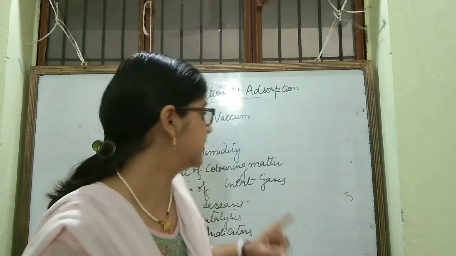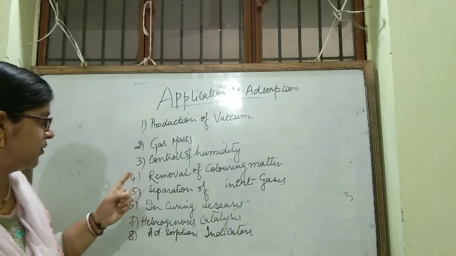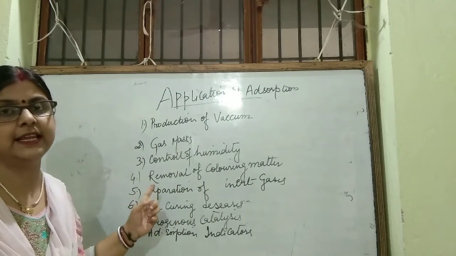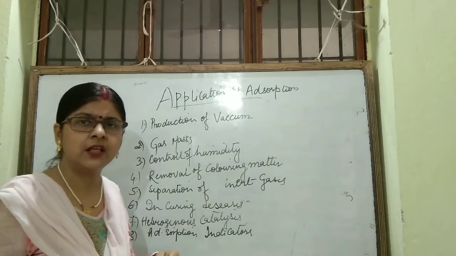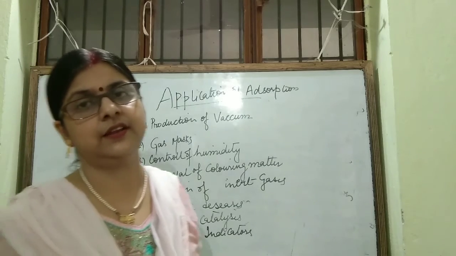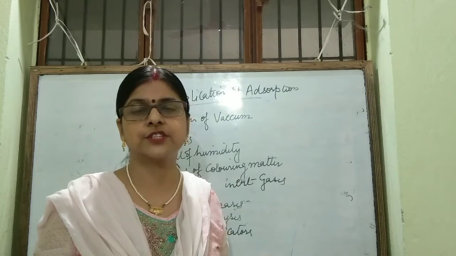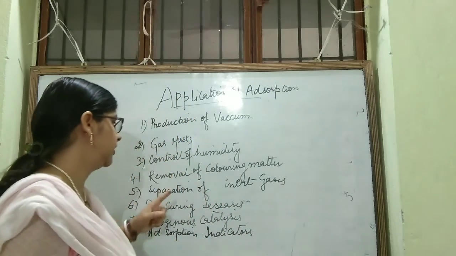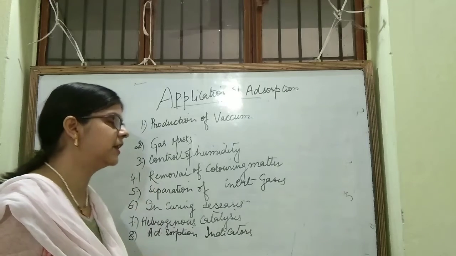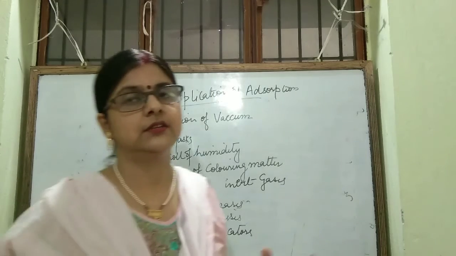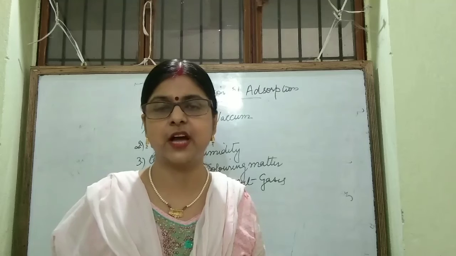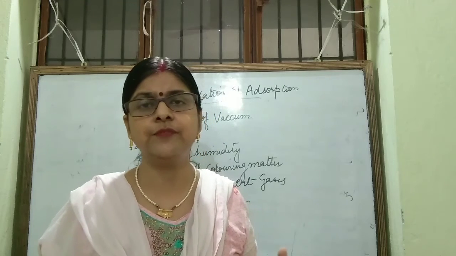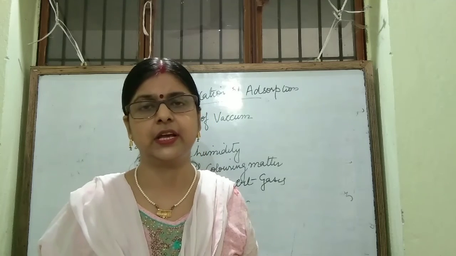Next one is control of humidity. Silica gel and aluminium gel are used for adsorption of moisture, so they help in controlling humidity. Then removal of coloring matter. Animal charcoals are used to remove coloring material.